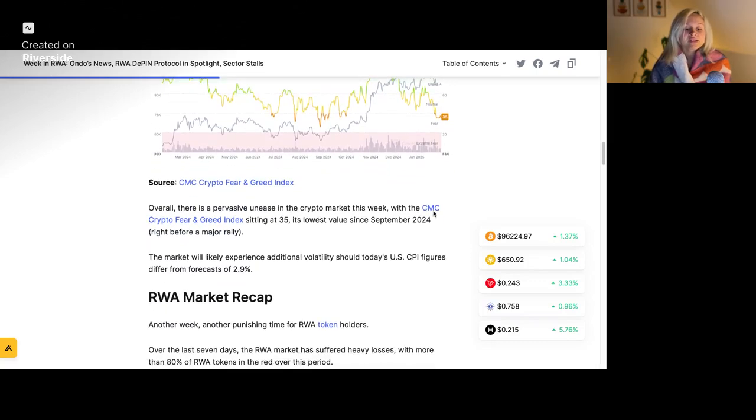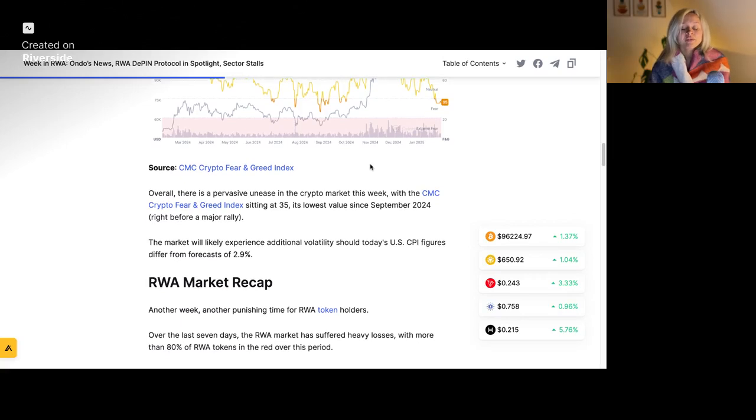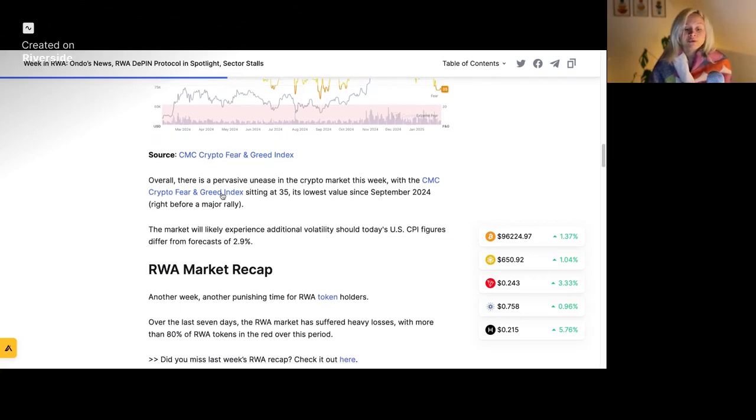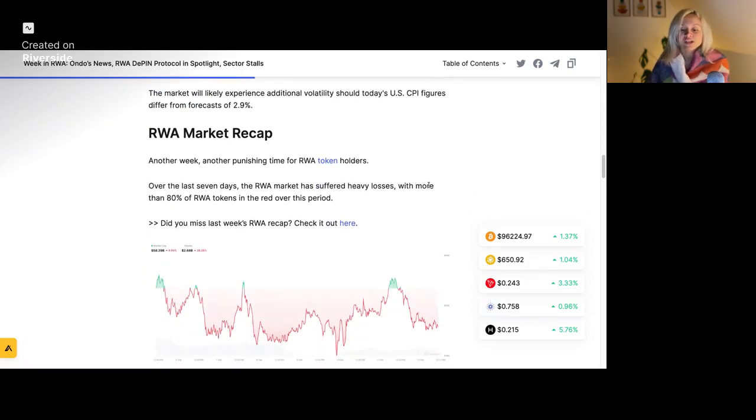Overall, there is a pervasive unease in the crypto market this week, with the CMC Crypto Fear and Greed Index sitting at 35, its lowest value since September 2024, right before a major rally. The market will likely experience additional volatility should today's US CPI figures differ from the forecast of 2.9.